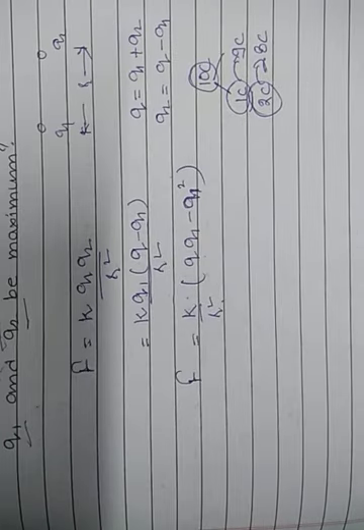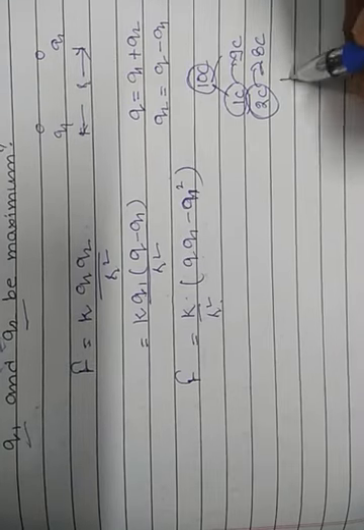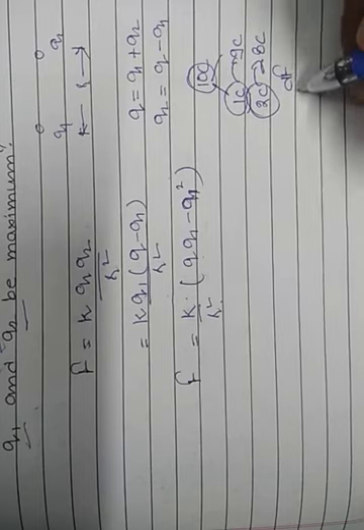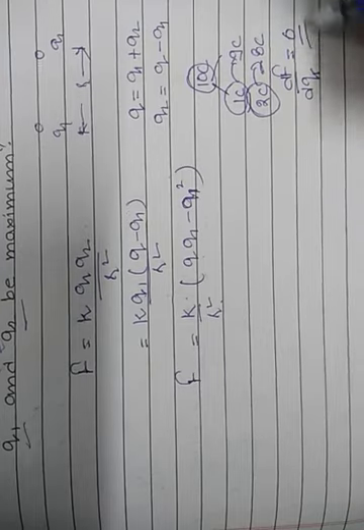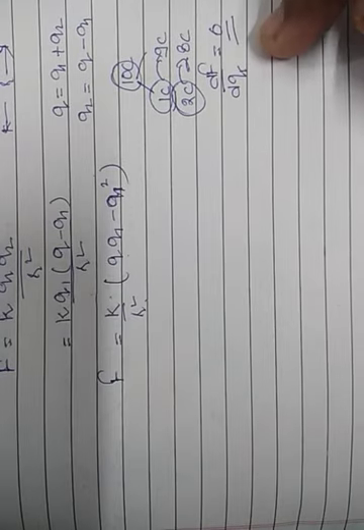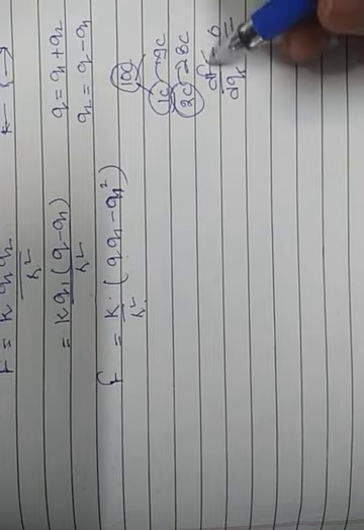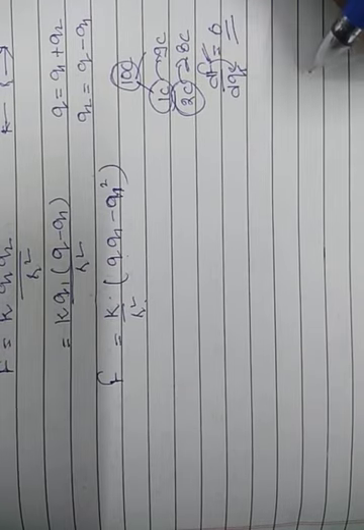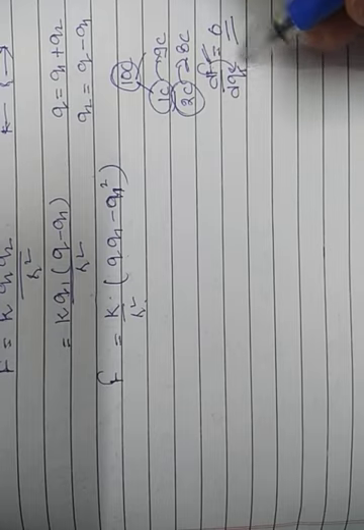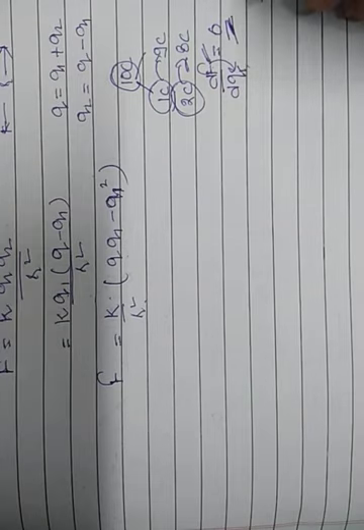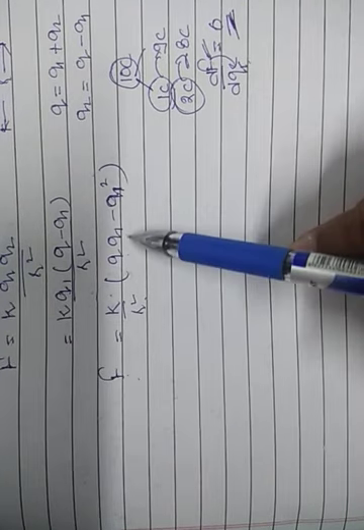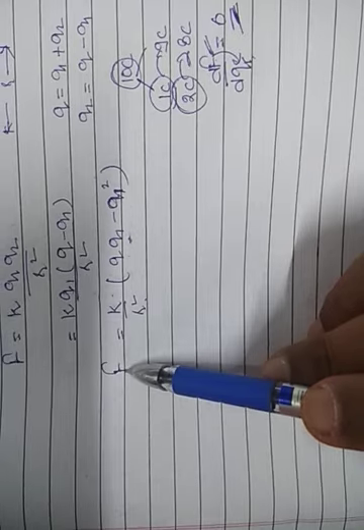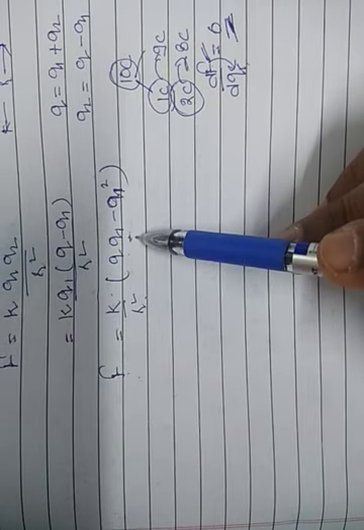Now remember, if any question asks to find a maximum or minimum, which quantity do I want to maximize? F. With respect to which variable? Q1. So dF by dQ1 must be equal to 0 for maximum or minimum. This is the concept of mathematics: if force is maximum and force depends on Q1, then the differentiation of F with respect to Q1 must be equal to 0.